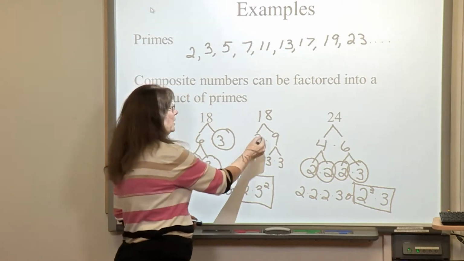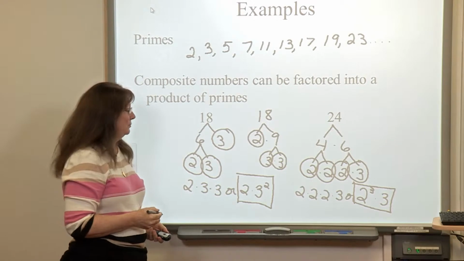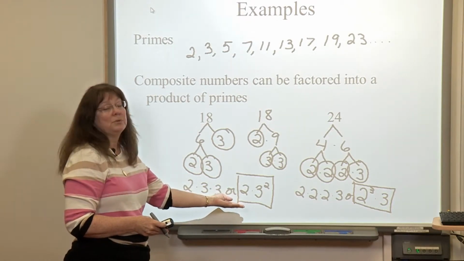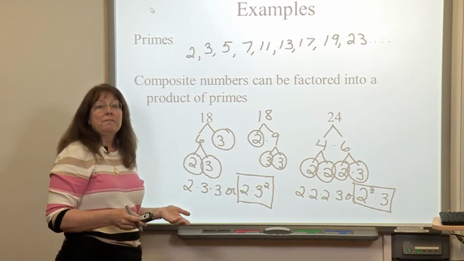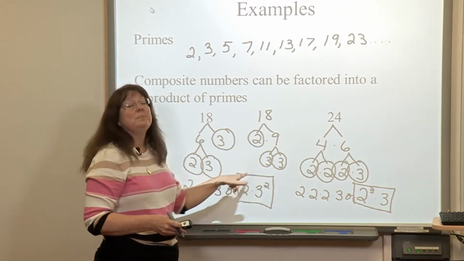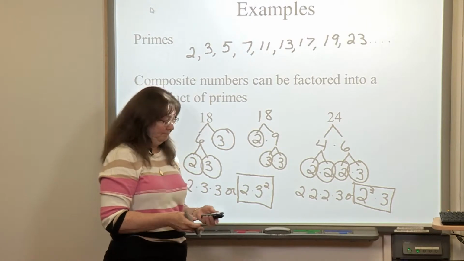So what I have, 2, 3, and 3 are my final prime numbers. That's the same thing we had when we used the factors 6 times 3. So it really doesn't matter how you start, regardless of the factors you choose at the beginning. When you finish, the product of primes is going to be the same. So any factors to begin with will be fine.